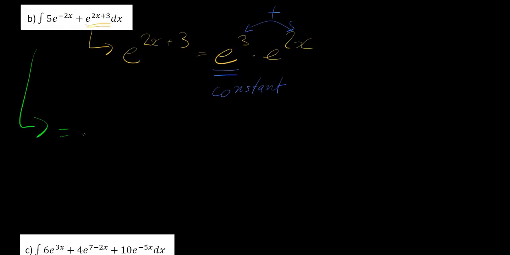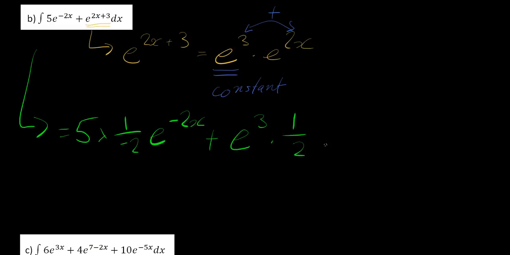Integrating this whole thing, you have 5 times 1 on k, k is negative 2, e to the power of negative 2x, that remains the same, plus, we're going to interpret this as e to the 3 multiplied by e to the 2x. So e to the 3 is a constant, multiplied by 1 on 2, e to the 2x plus c.